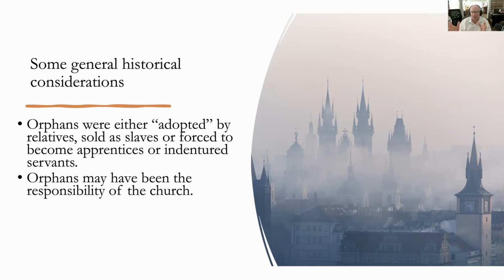Those are the kinds of general things you can say about those kinds of records in different parts of the country and the world. But when you start talking about something like orphans, you're talking about a cultural phenomenon, something that creates a situation that has to be decided by the community as such.